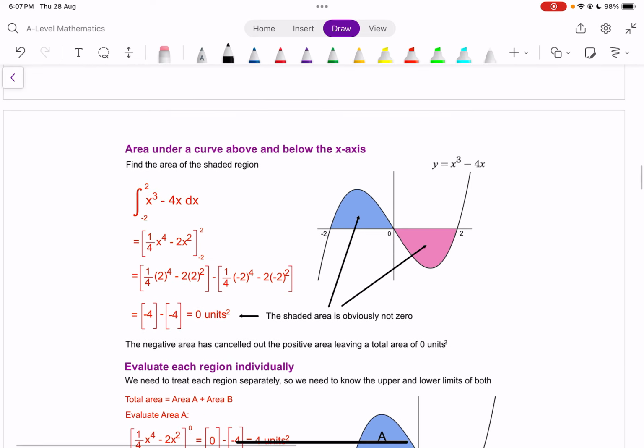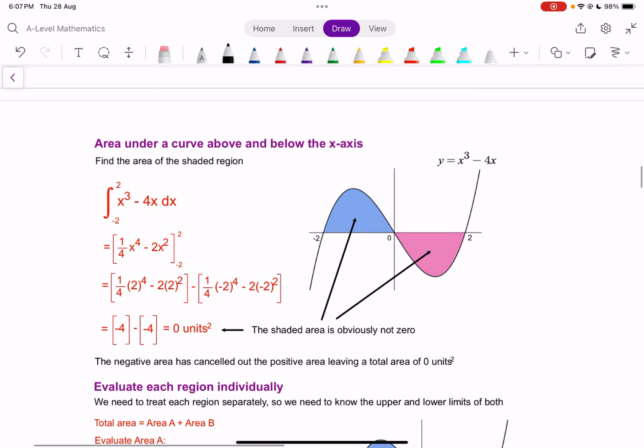Okay, now 如果我们出现这样的情况，up and down 啦，OK，那我的 advice 就是 separate their integration.